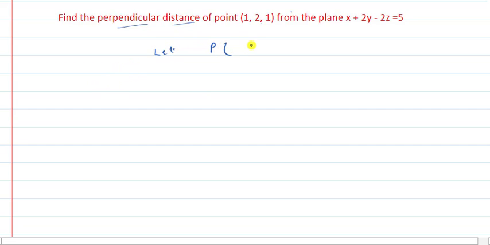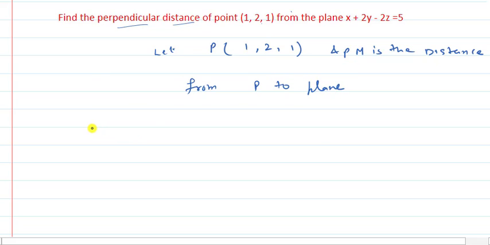Let P is the point (1, 2, 1) and PM is the distance from P to plane. Therefore, PM is equal to, just we need to replace X, Y, Z with 1, 2, 1 respectively.